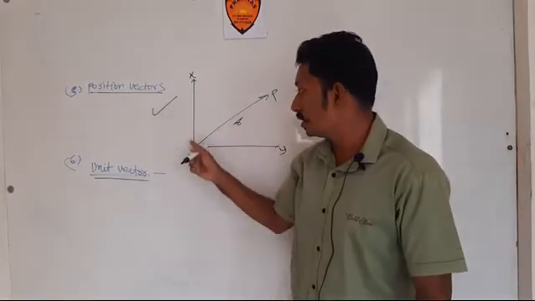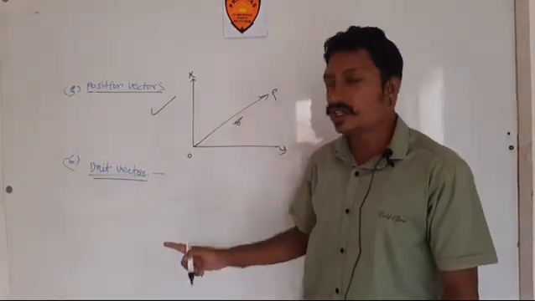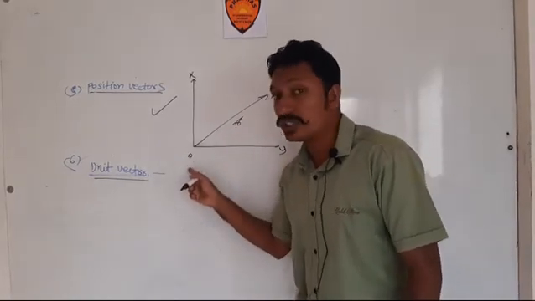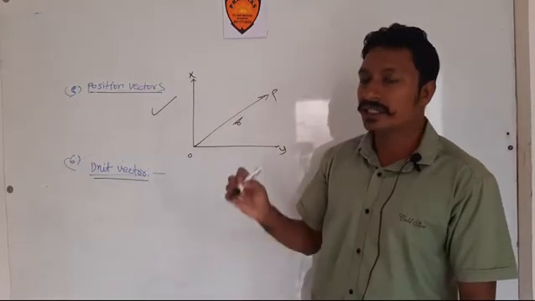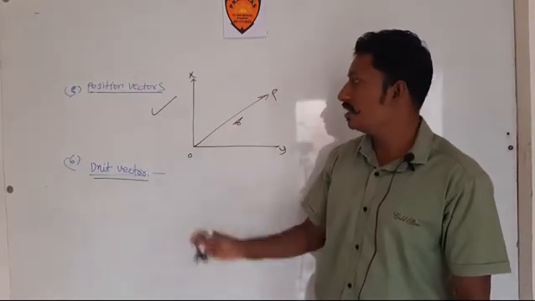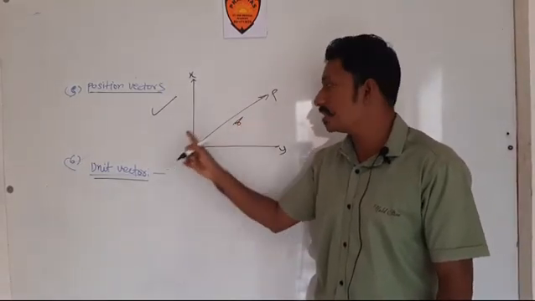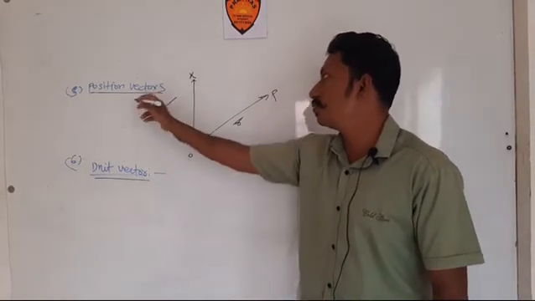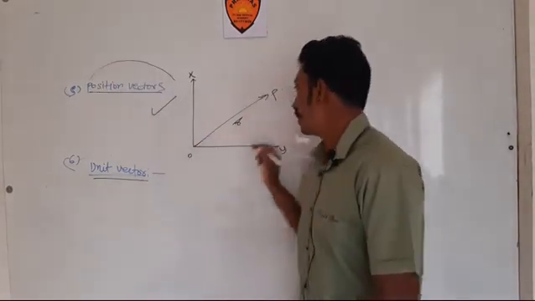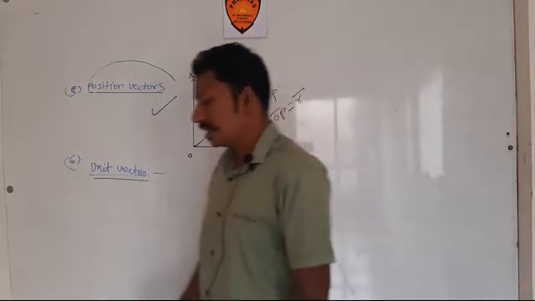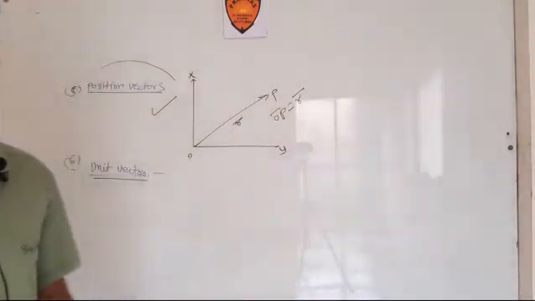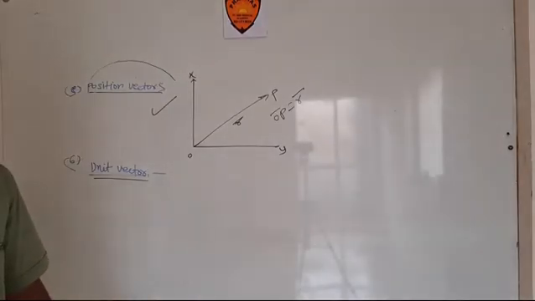Vectors which represent the position with respect to the origin are known as position vectors. It is denoted by OP bar is equal to R bar. Understand what position vectors are. Okay.